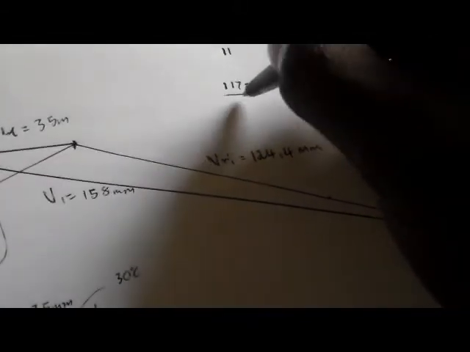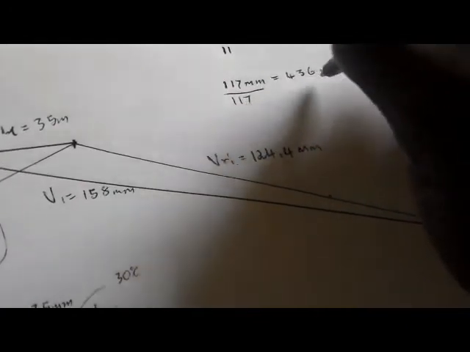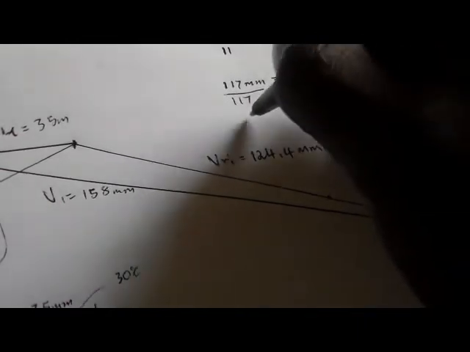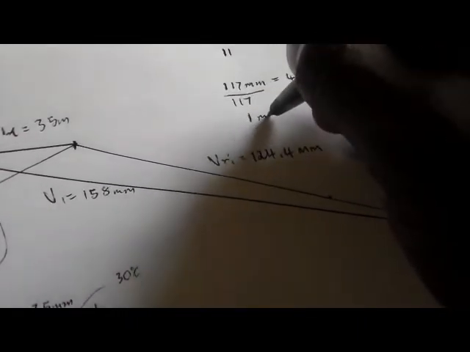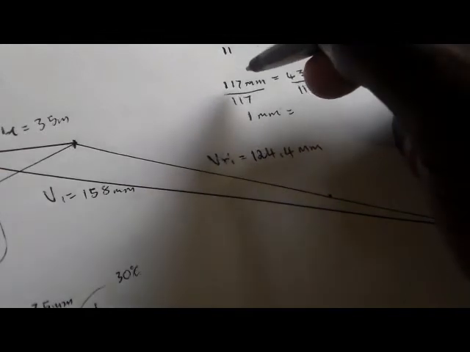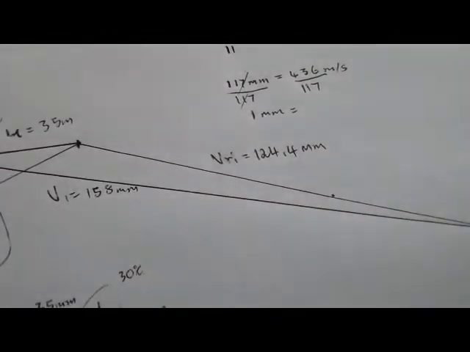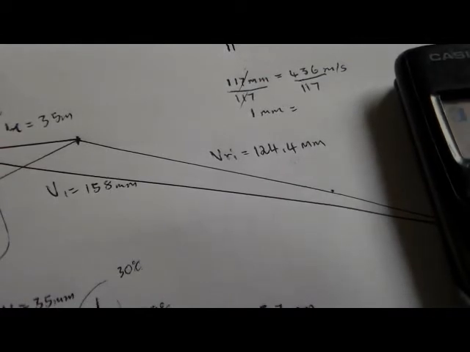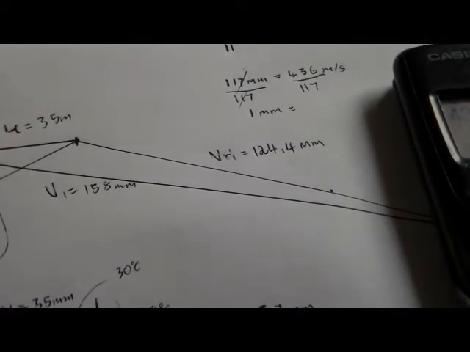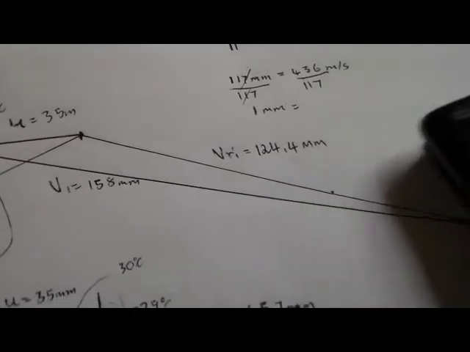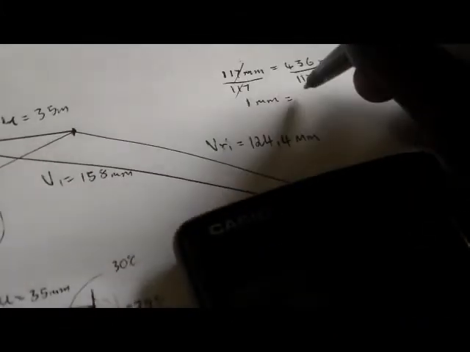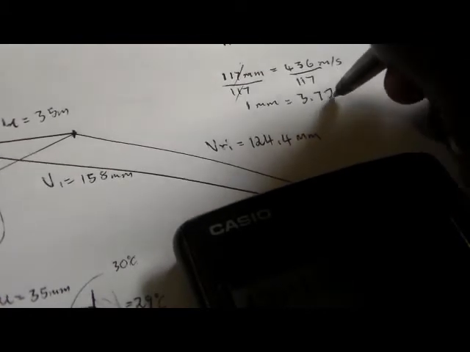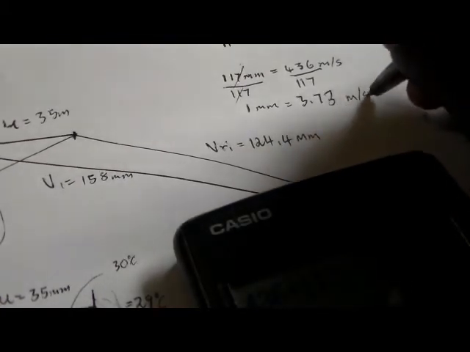To get our scale, we divide both sides by 117. That means 1 millimeter will be equal to 436 divided by 117, which gives about 3.73 meters per second.